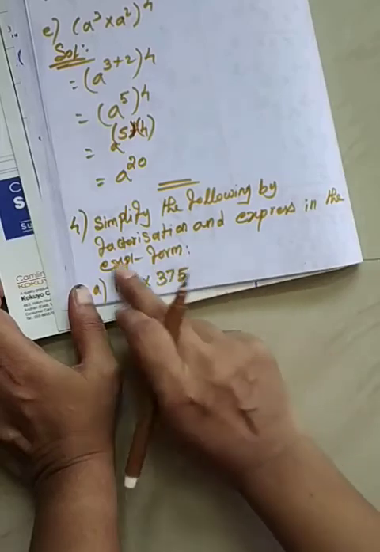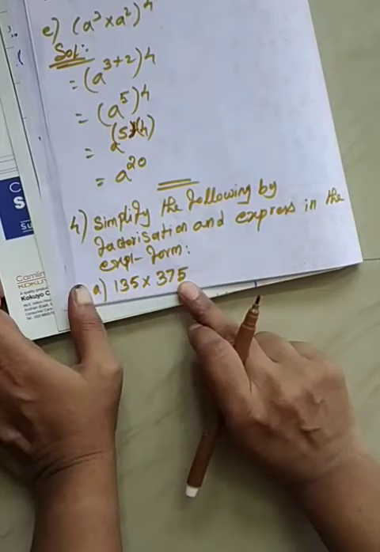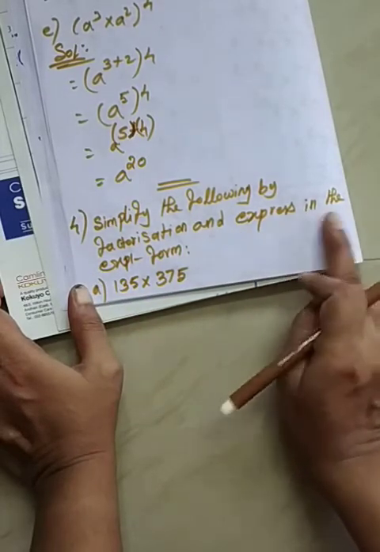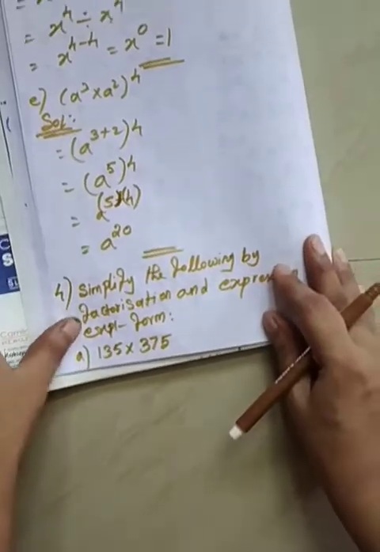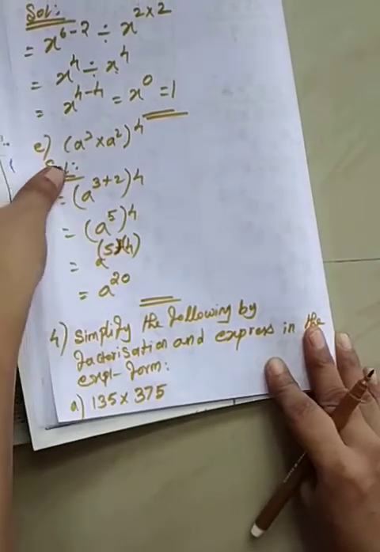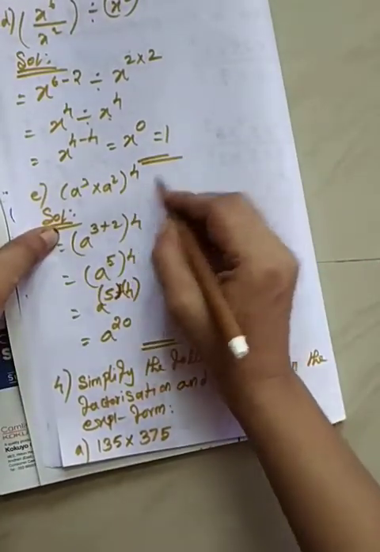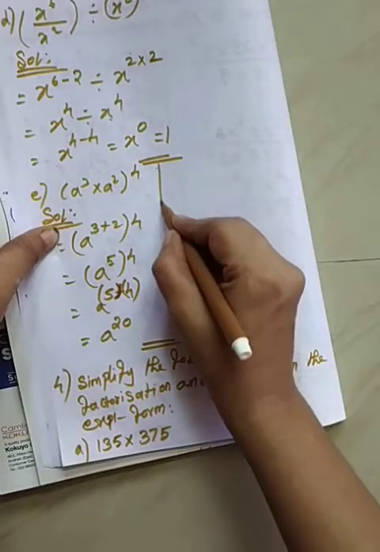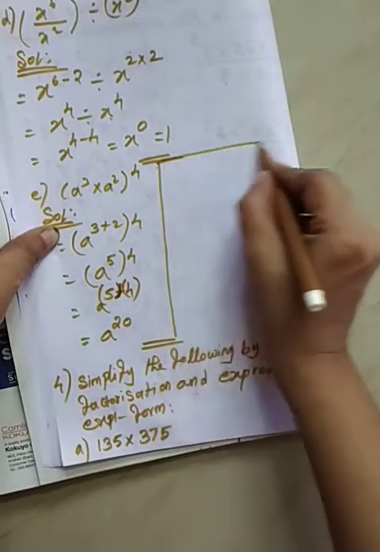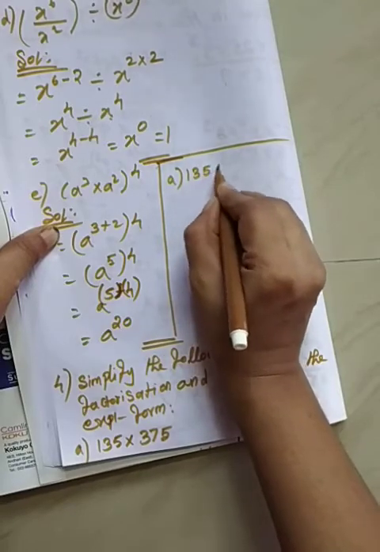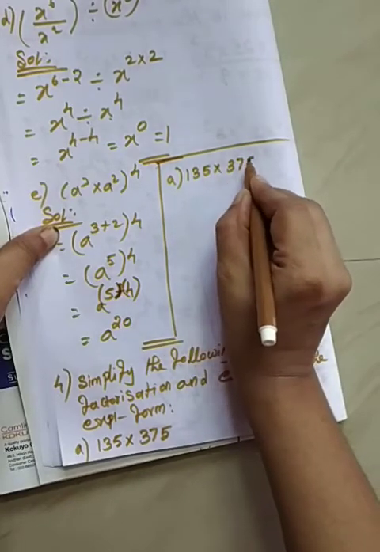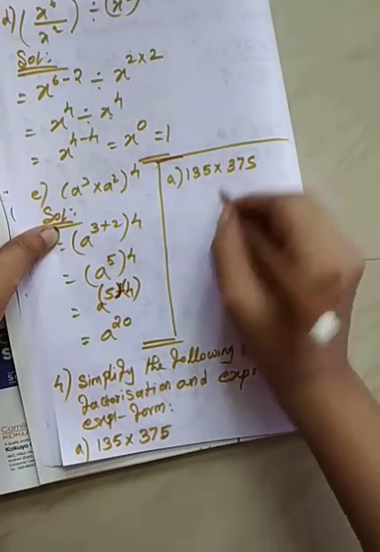First you have to split using the factorization concept and express in the exponential form. Then next you have to write the order. Okay, see here, I have to write 135 into 375 on this side.